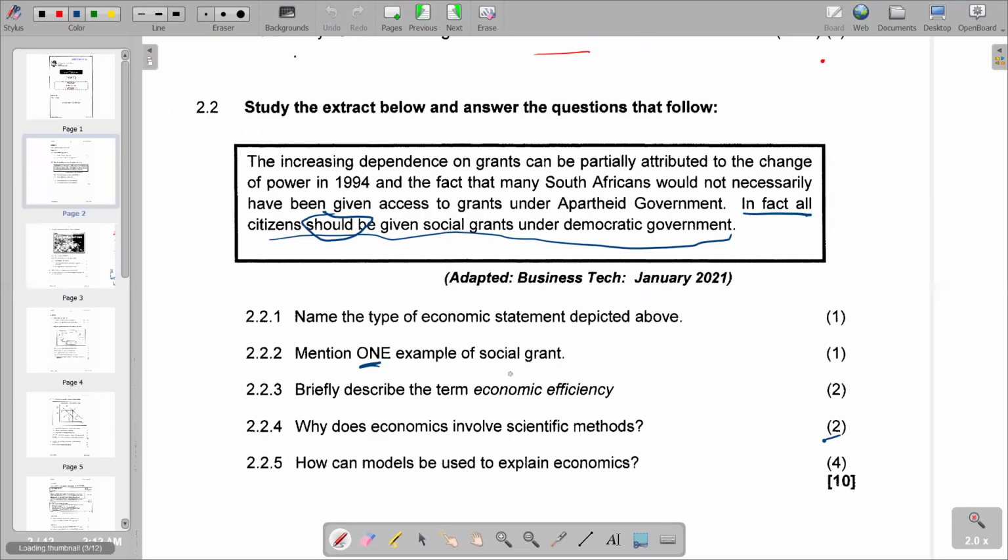And if you go back to the question, you see that it is 4 marks. So we can bring in 2 points.